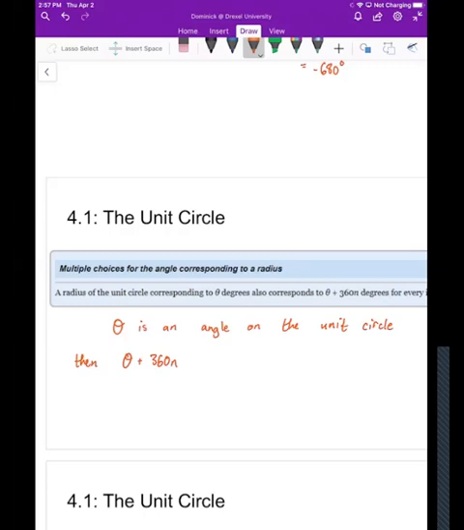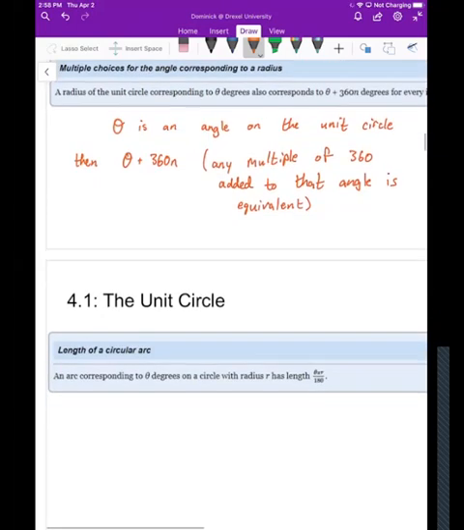So this is just any multiple of 360 added to that angle is equivalent. Okay, so that's something that we can use quite often, so that will come up a fair amount.